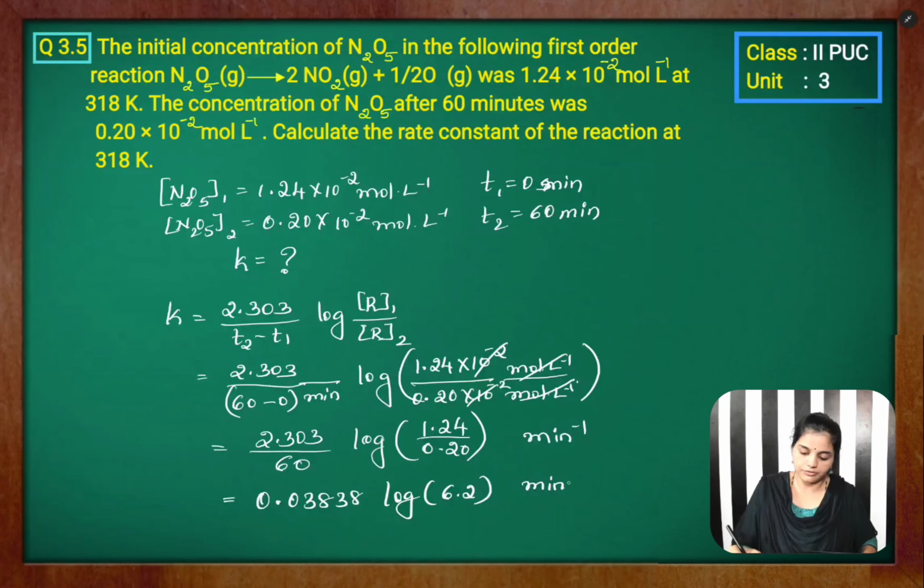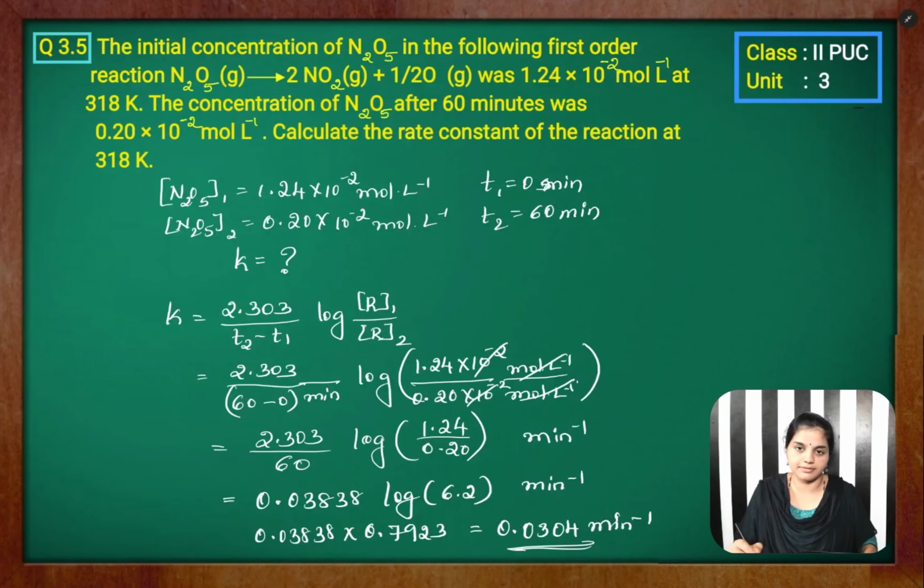When you check log of 6.2 in the log table, you will find it as 0.7923. That has to be multiplied with 0.03838, which is equal to 0.0304 minute inverse. So this is the rate constant of the reaction.